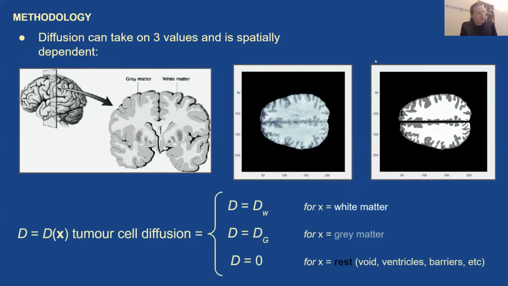And then we have the diffusion coefficient, which can take on one of 3 values: 1 for white matter, 1 for gray matter, and 0 for everything else. So 0 means that the tumor cells cannot move through that medium at all. So it would, for example, be outside the brain or barrier, or for example, natural barriers. So therefore, this diffusion coefficient becomes a function of which voxel you are actually in.